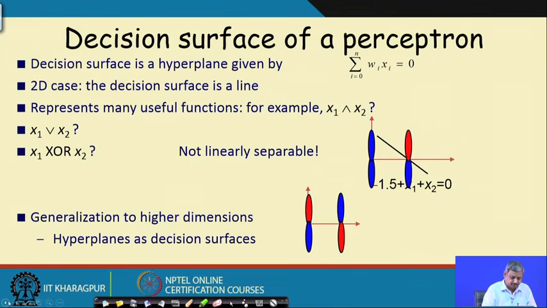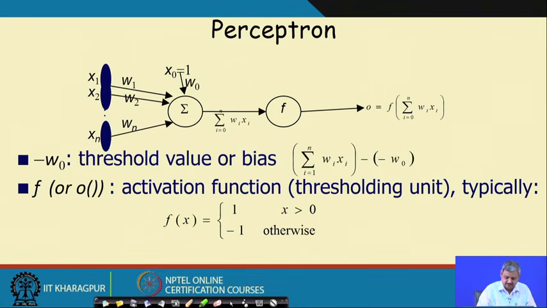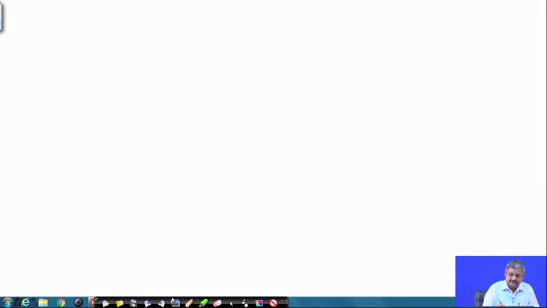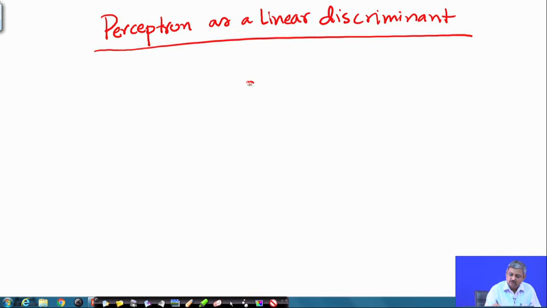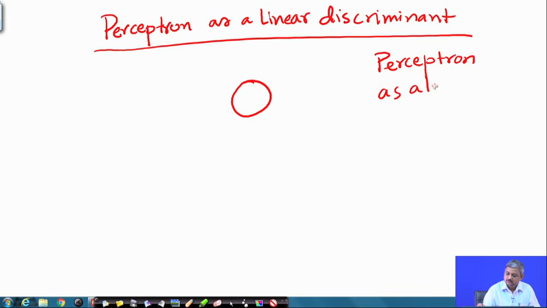In fact, this particular way of writing was originally used to use perceptron as a logic gate. Let us see how to do that.